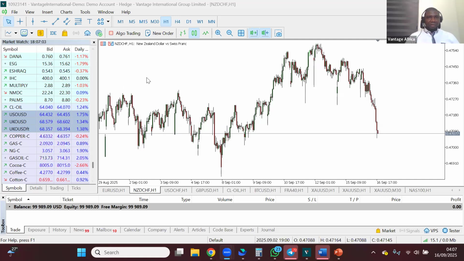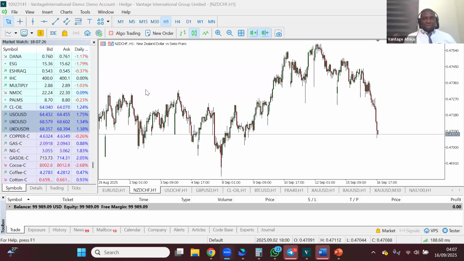So let's start with time frames. When you look to the top of the screen here, you will see that there are different time frames. You have the M1, M5, M15, M30, H1, H4, D1, W1, MN. These are time frames by which you study the markets.